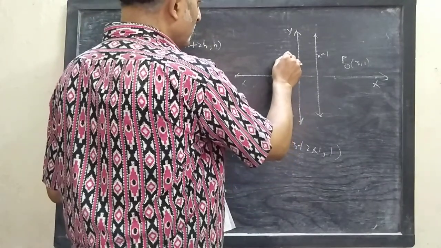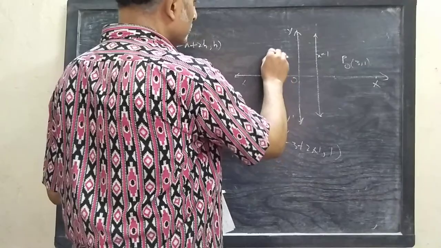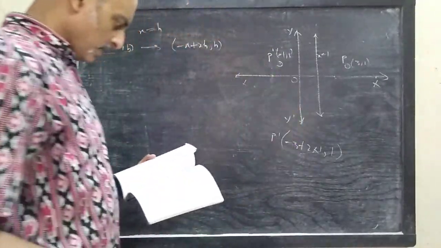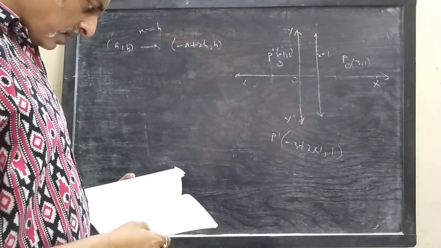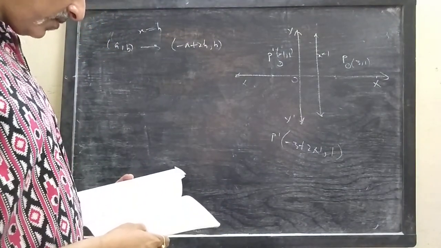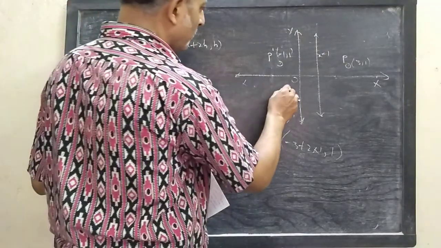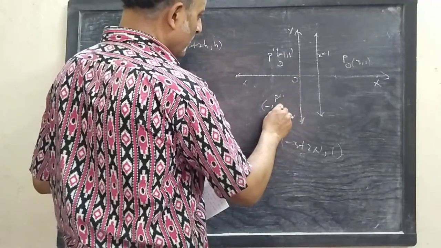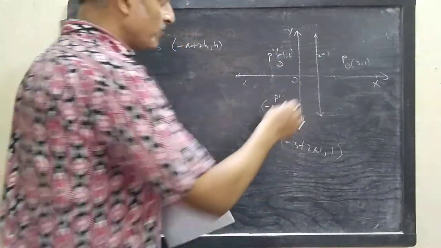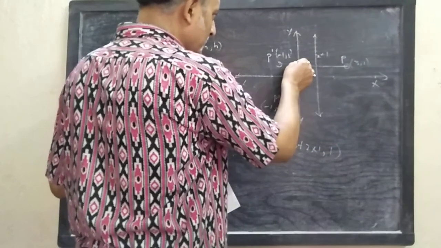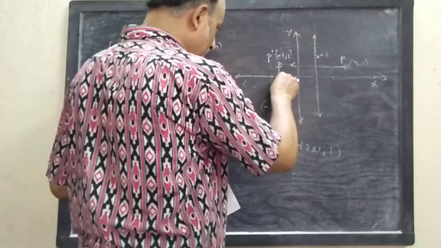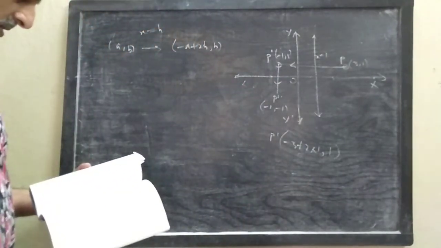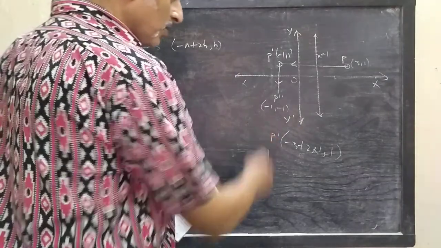So the point will be here, P dash (minus 1, 1). Then you have to reflect it in the x-axis. Then you get the point here, P double dash, its coordinate will be (minus 1, minus 1). First P goes to P dash, this is the first operation, then it goes to P double dash, this is the second operation. So your answer is (minus 1, minus 1).